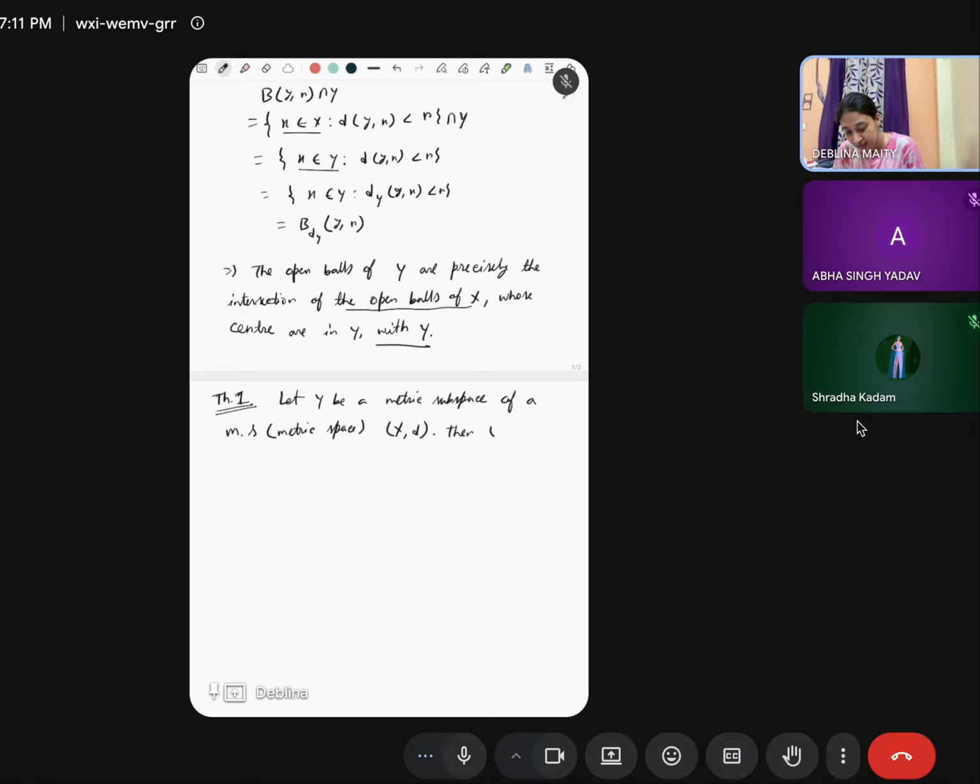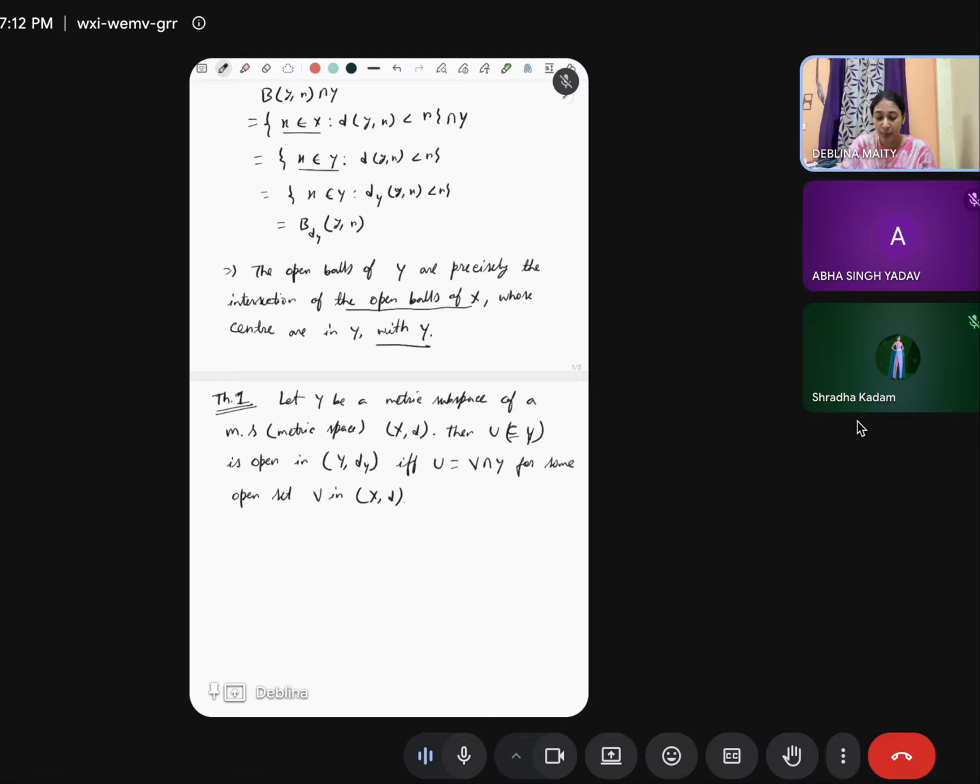Then U, a subset of Y, is open in (Y, d_Y), where d_Y means the metric restricted to Y, if and only if U equals V intersection Y for some open set V in (X, d).